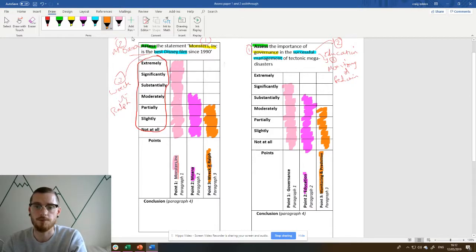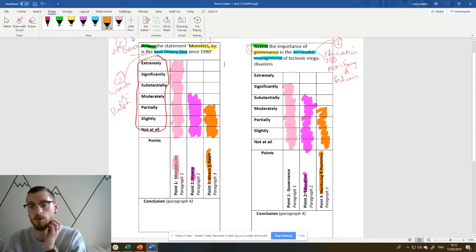But the deaths were still substantial from the 2011 Japanese earthquake and tsunami in March. And monitoring prediction can't be done for earthquakes, so I think that undermines this entire point. It's only successful to a degree.